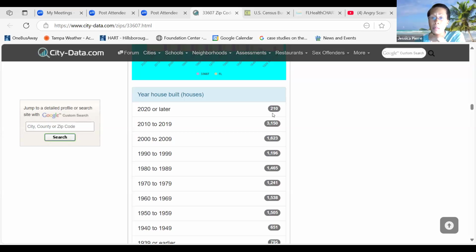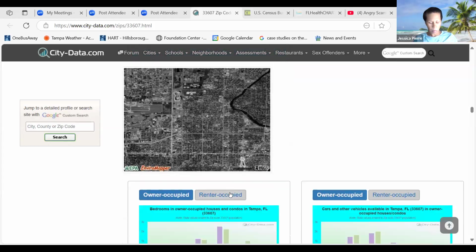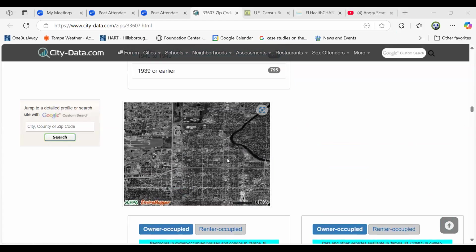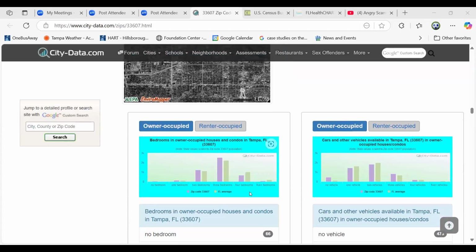So there's a need to create affordable housing opportunity. That makes sense to you? Yes. Let's continue on. Also, this is where you can go and get a map. If you're working for that neighborhood or that area, you want to be able to cut and paste a map that shows what the area looks like.